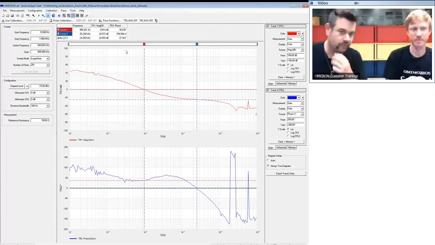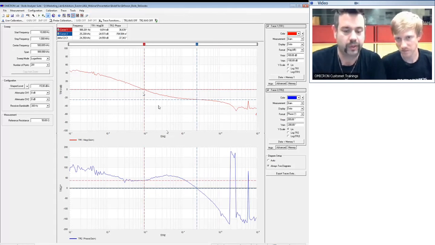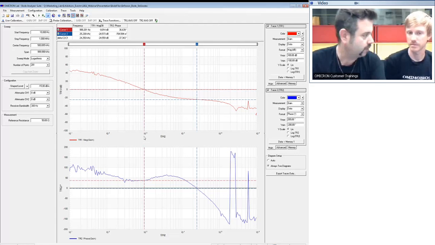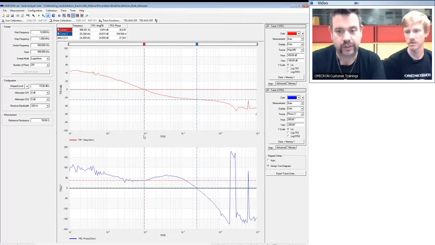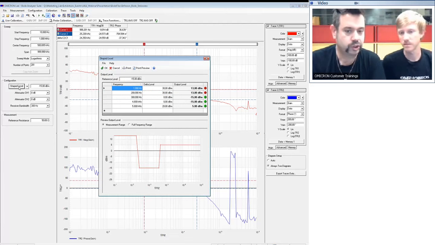When I performed this measurement yesterday, I found out that the pass-through point for the phase margin changes, and that the pass-through point of the amplitude, the gain margin, changes a lot on the level. I found out that for a good result, I would require different levels for the phase margin and for the gain margin measurements. To reflect this, I programmed the shaped level.